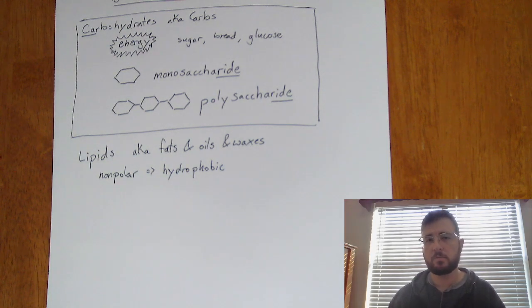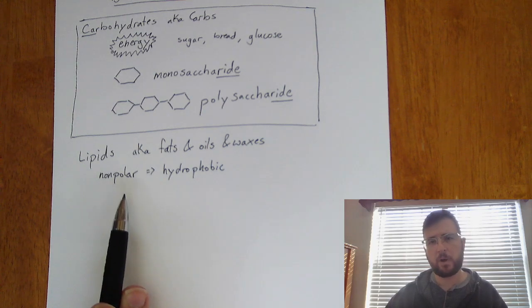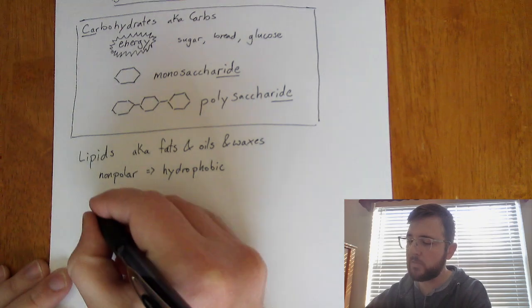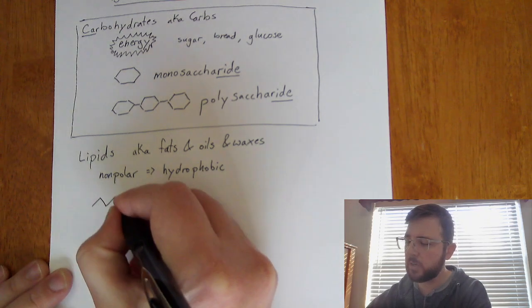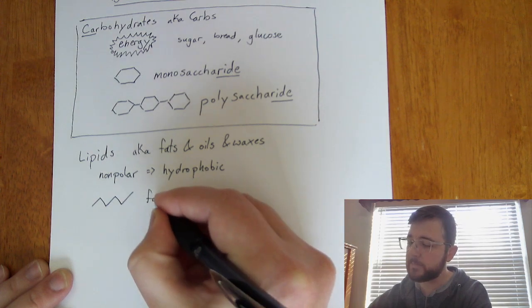So lipids, fats, waxes, and oils don't really have one common monomer for all of them because they're any kind of biomolecule that's nonpolar. However, a lot of them are still made up of these long chains of carbons, which kind of look like zigzag lines, called fatty acids.